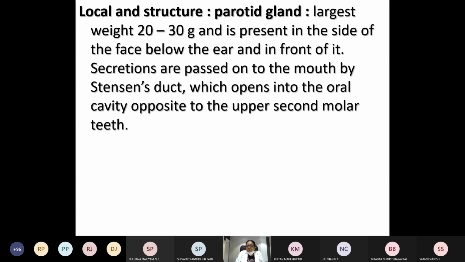Secretions are passed into the mouth by Stenson's duct, which opens into the oral cavity opposite the upper second molar teeth.